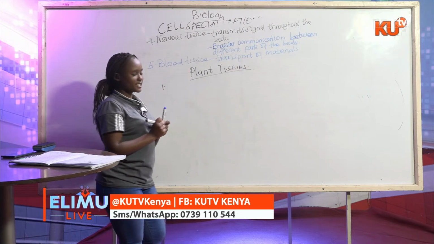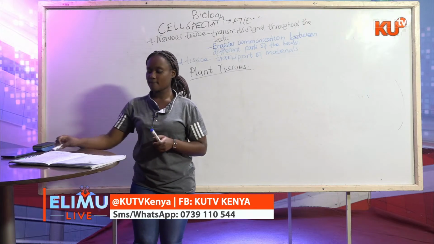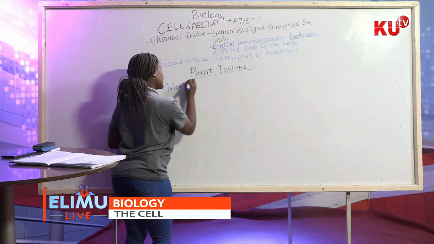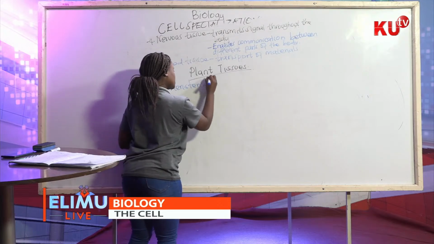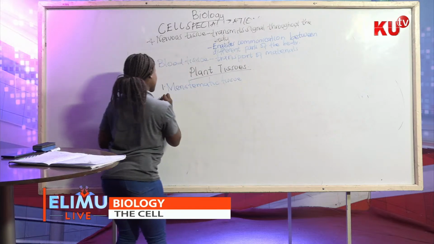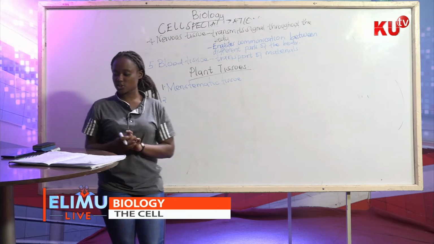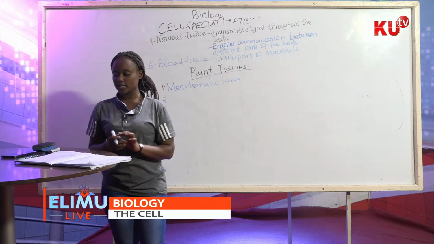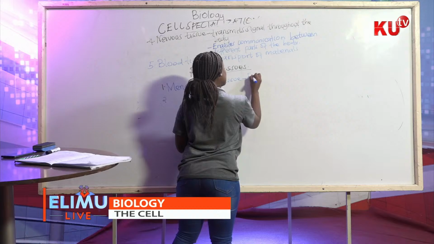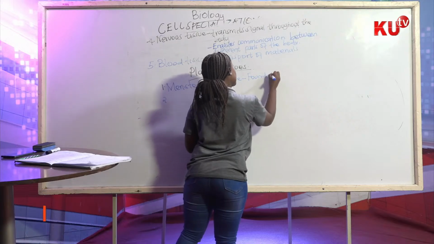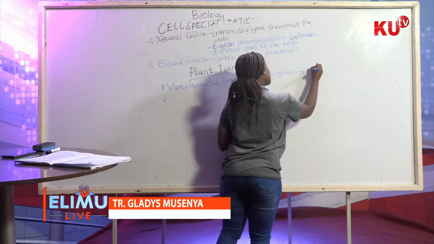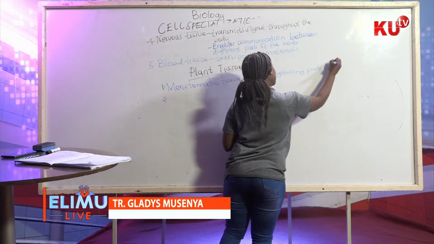We have meristematic tissue. Meristematic tissue is found in growing parts of the plant.